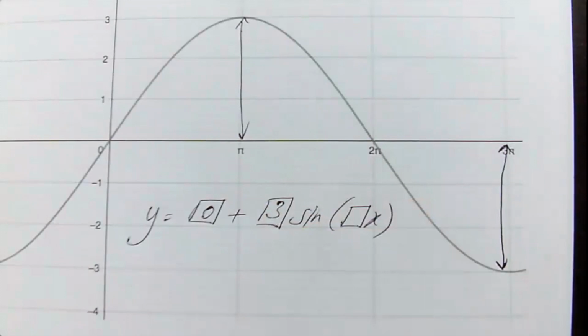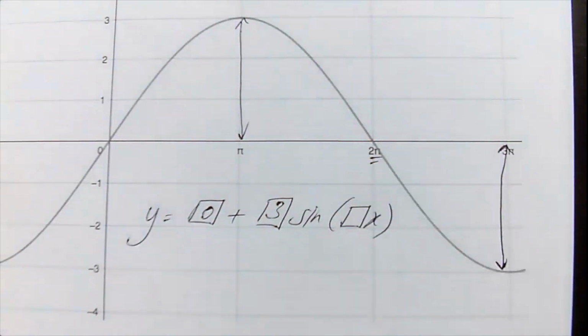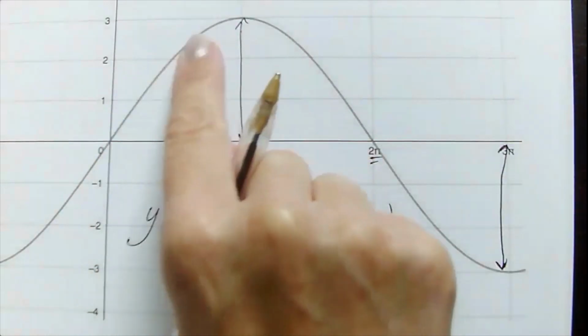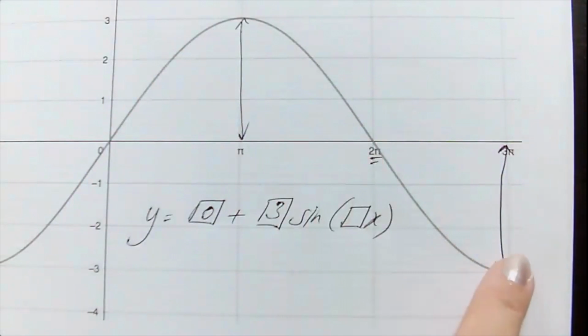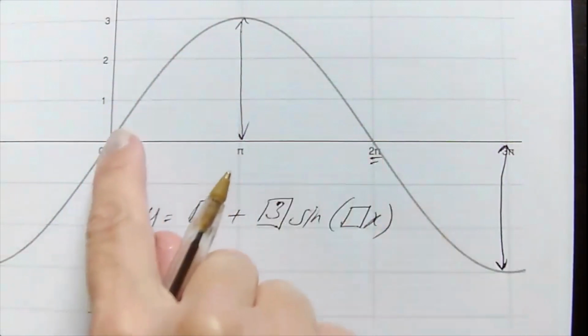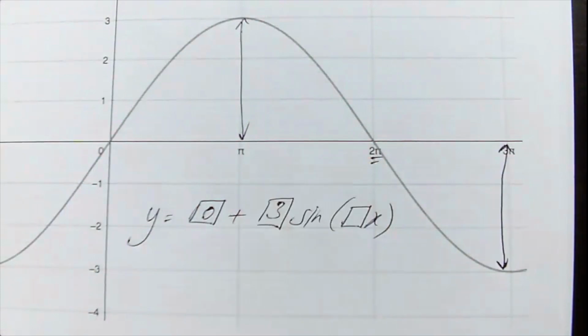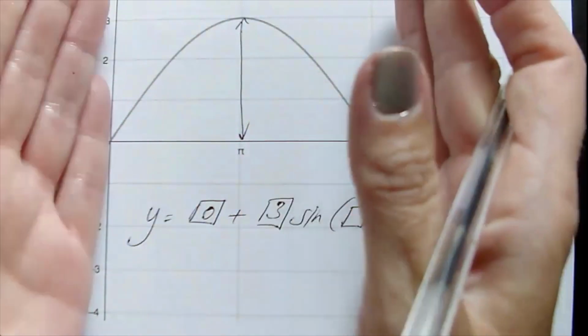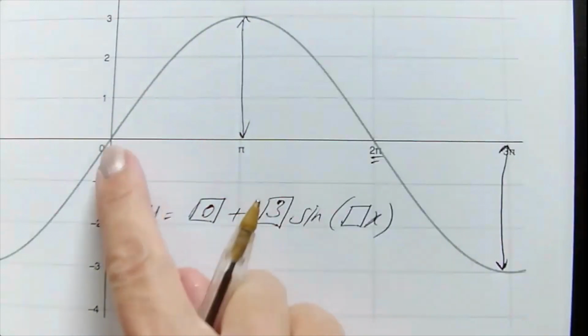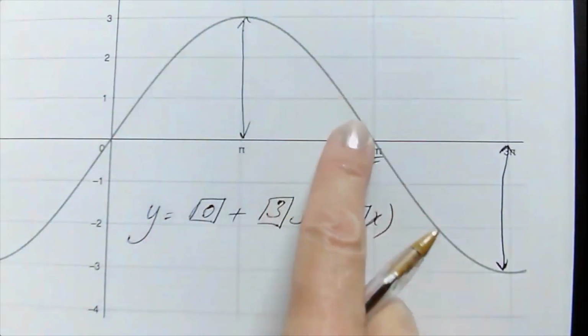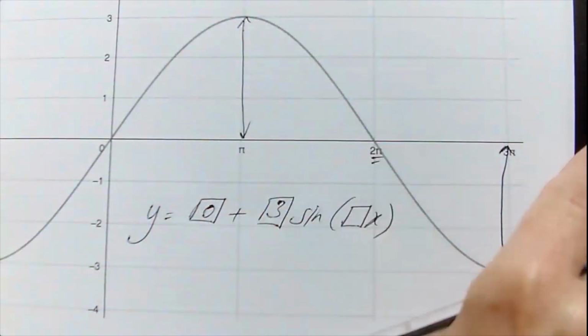Now the period. 2 pi, there's my original period. And normally I'm analyzing how many of my horizontal backward S shapes I have within that period. But I can see here that I don't even have one full one. So how much of the original shape do I actually have in that original period? I only have half of it, don't I?